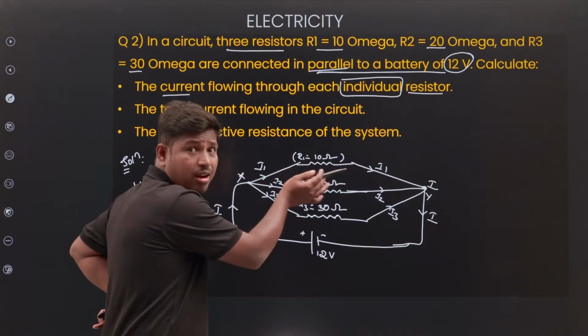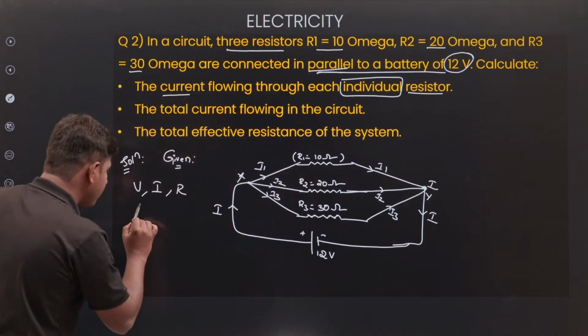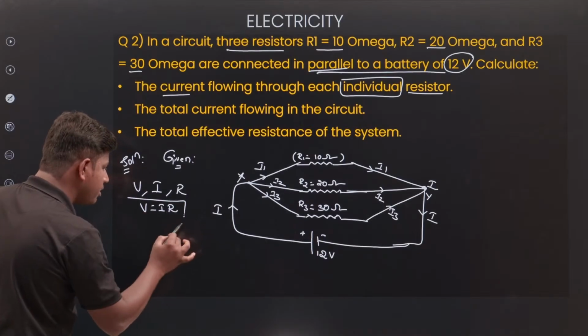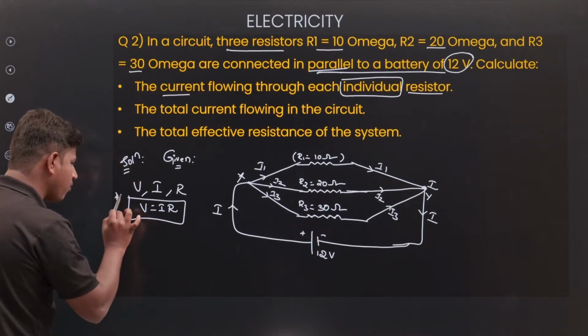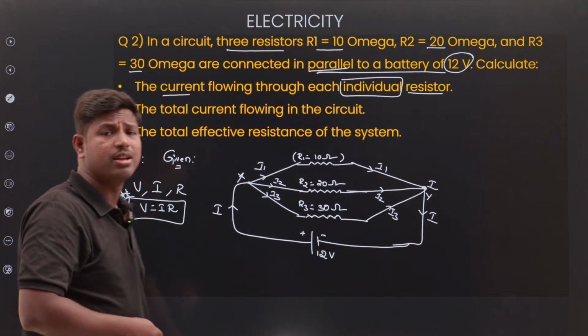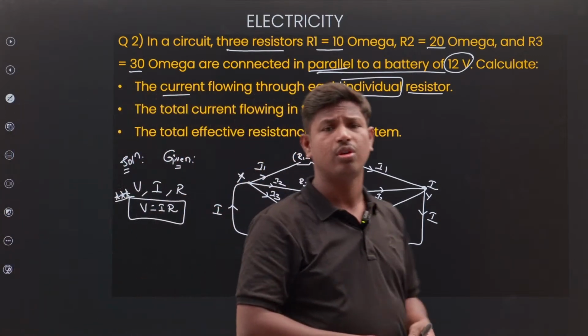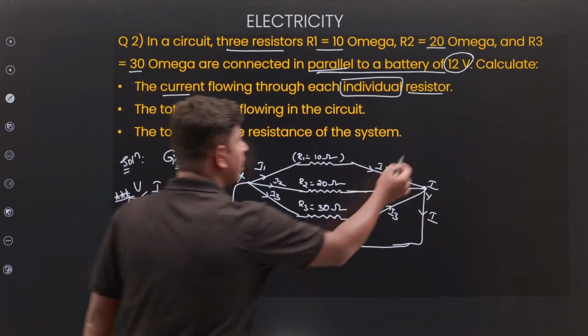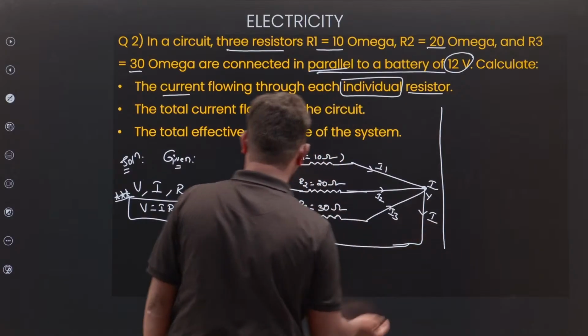From Ohm's law, V is equal to IR. Remember the formula of Ohm's law, because many numericals are solved based on Ohm's law only. From that, I am calculating.